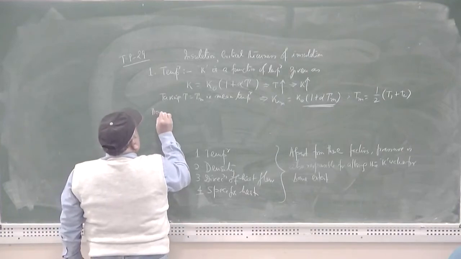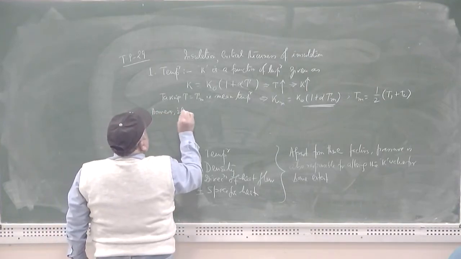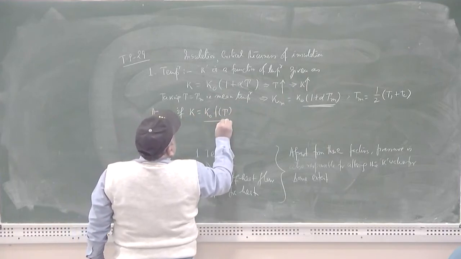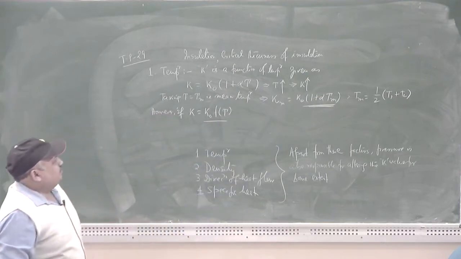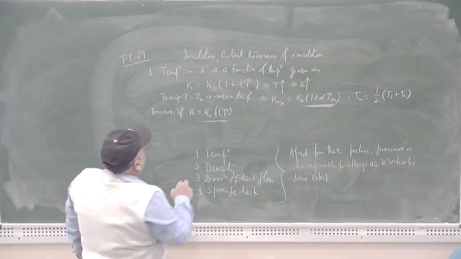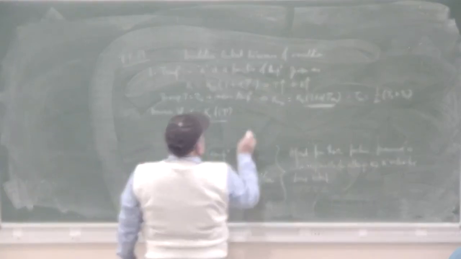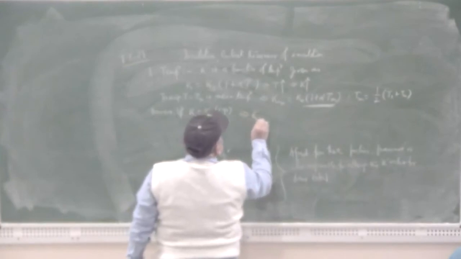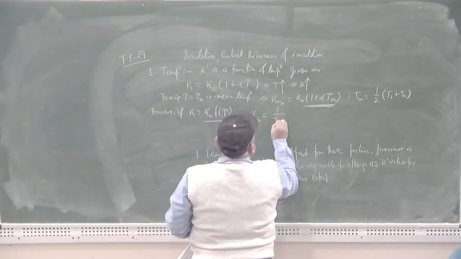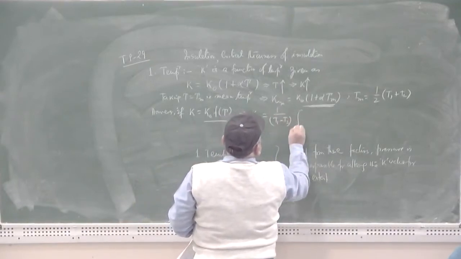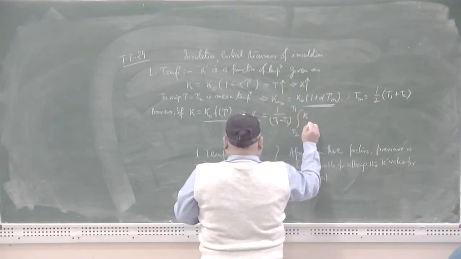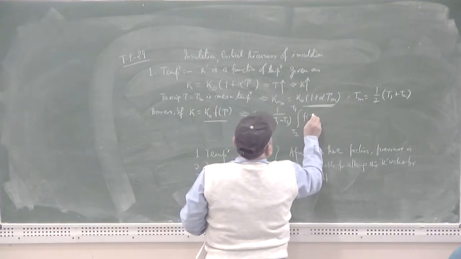However, if K is equal to K0 into F(T), definitely this is also a function of T with the insertion of alpha, that is the coefficient of linear expansion. Let us suppose K is equal to K0 into alpha T, then the value of Km is evaluated as 1 upon T1 minus T2, if T1 is greater than T2, integration from T2 to T1, F(T) dT.